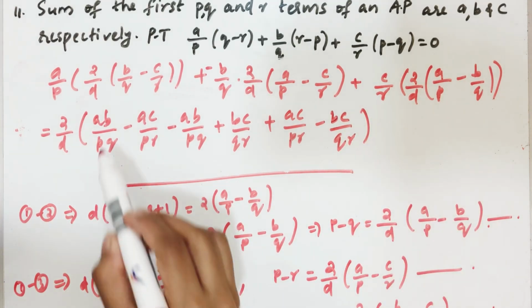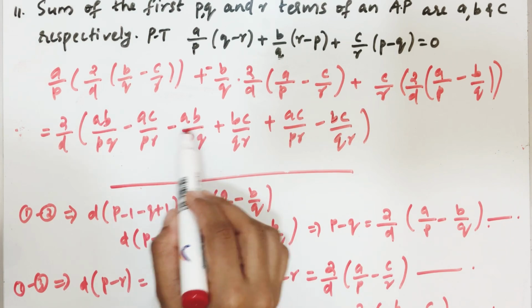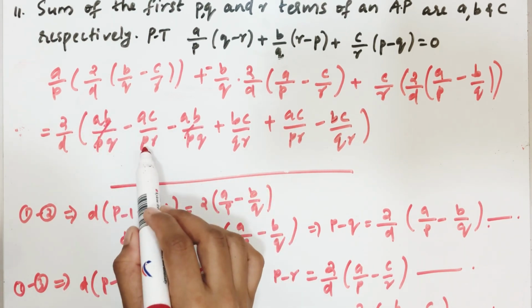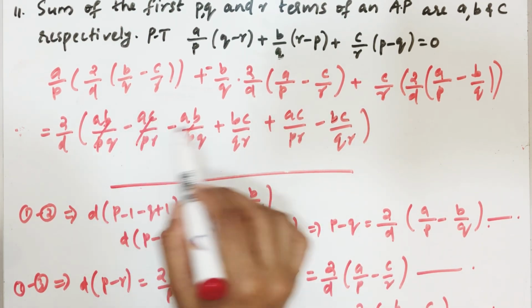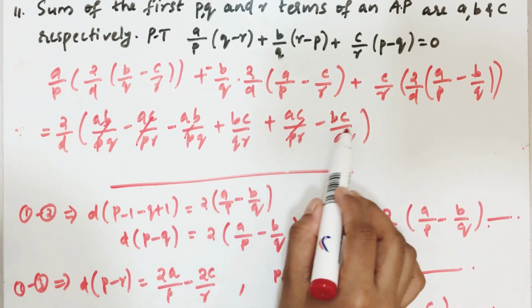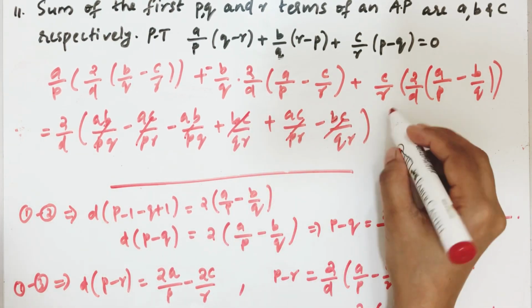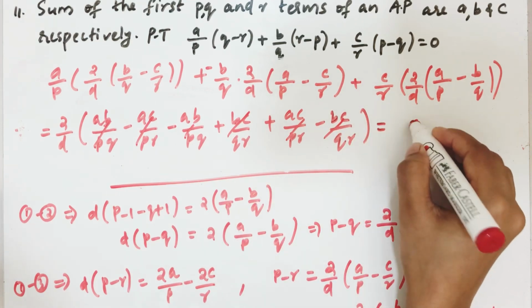See, AB by PQ minus AB by PQ get cancelled, minus AC by PR plus AC by PR get cancelled, BC by QR minus BC by QR get cancelled, which is equal to 2 by D into 0, which is equal to 0.